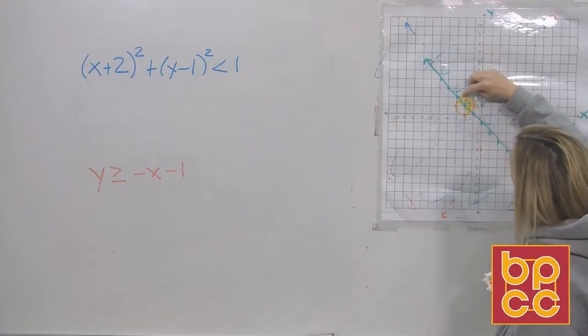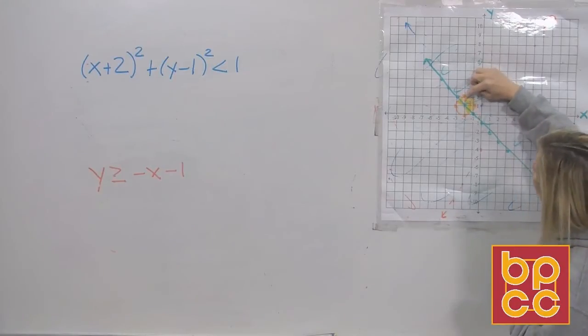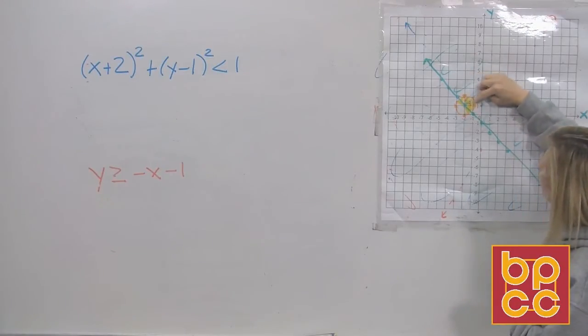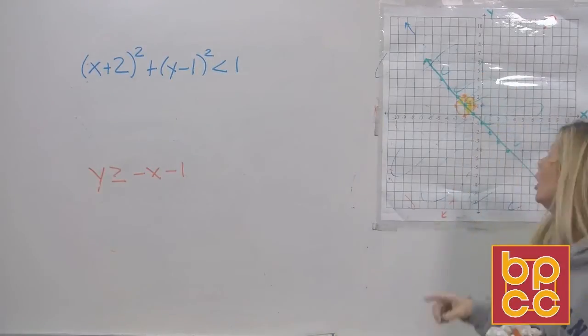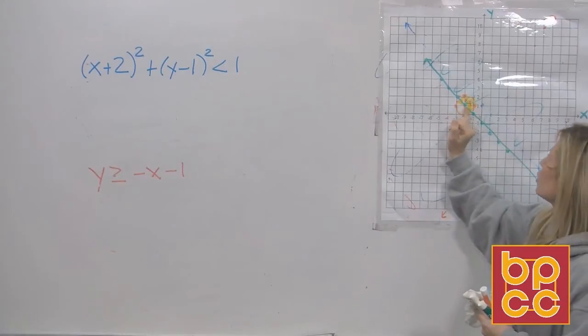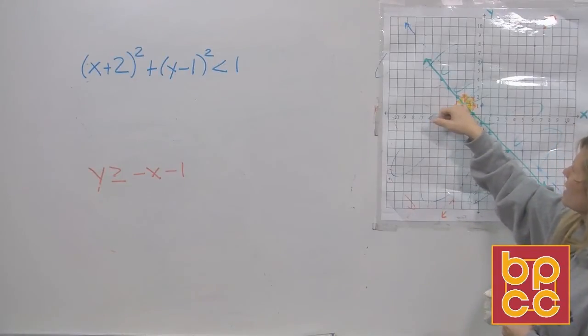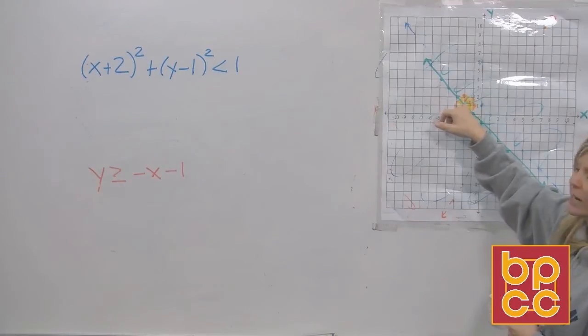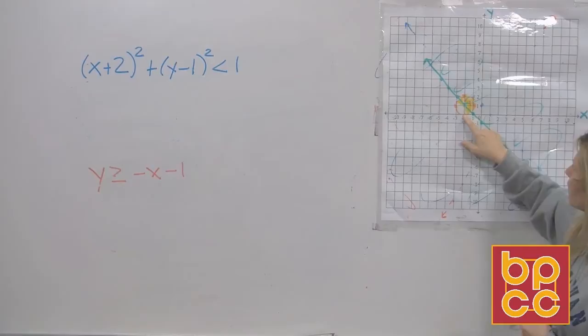If you follow the edges of the shading, it's this part of the circle with this line. You cannot use this point or this point because it's on a broken part, which means it's not part of the solution. What you can use is this point, which is on the line. Because the line is solid, we can use that as a point. That is the solution. And this point is at -2, 1.